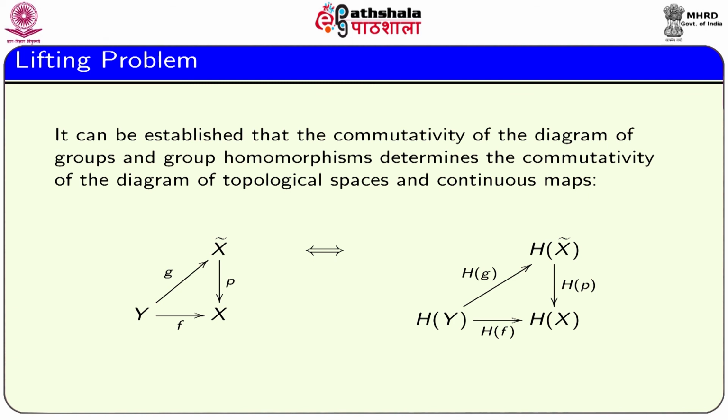That means, can we associate Hx tilde, an algebraic object, with the topological object X tilde, Hy with Y, and Hx with X, such that the corresponding induced homomorphisms give the second triangle, within the framework of algebra, commutative?